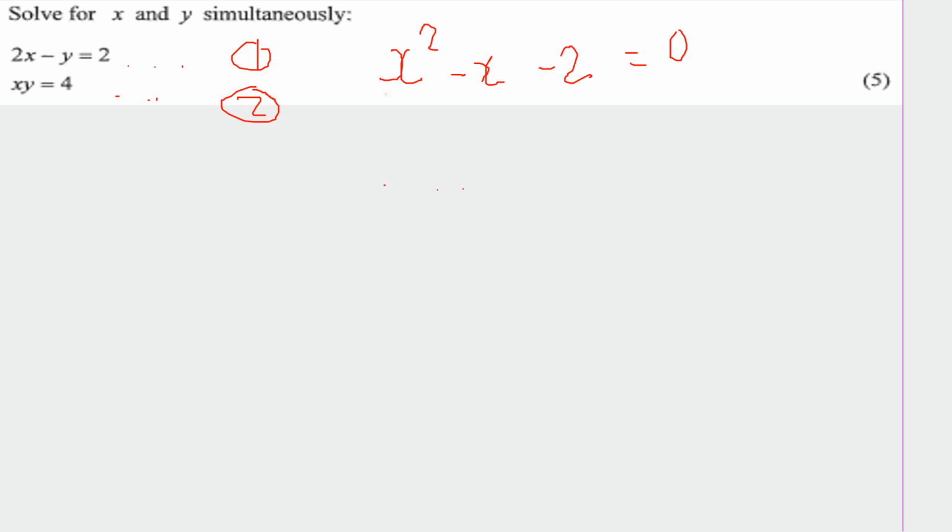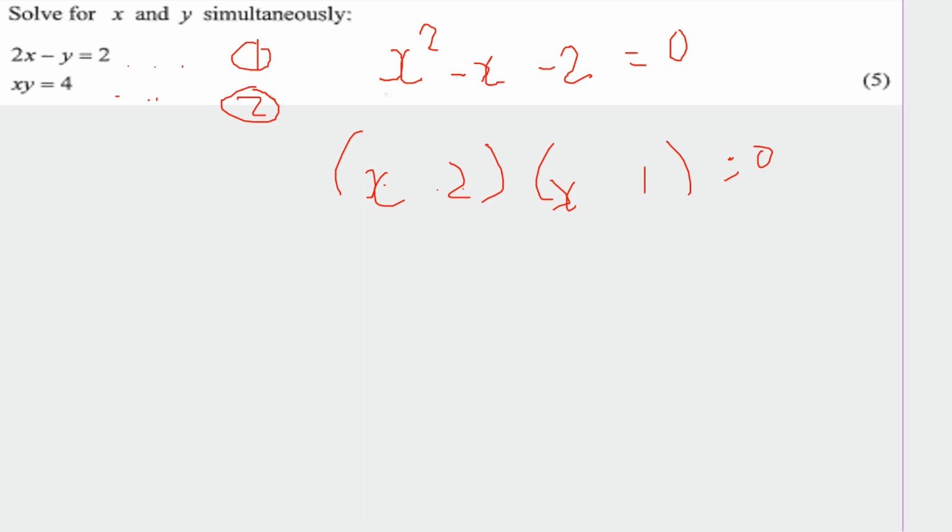So now that we are factorizing, we know that we're going to look for factors of 2, that when we subtract them, they will give us 1. This one is straightforward, it's 1 and 2. So you just say x, you can either put 2 here, put 1 there, it doesn't matter. But now you remember, when it's subtracted, that means the sign won't be the same.